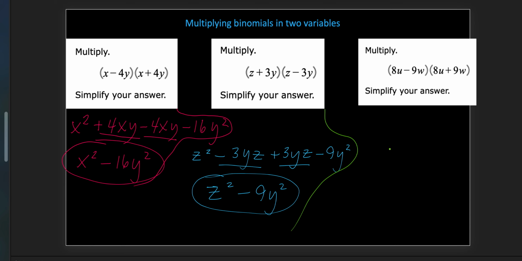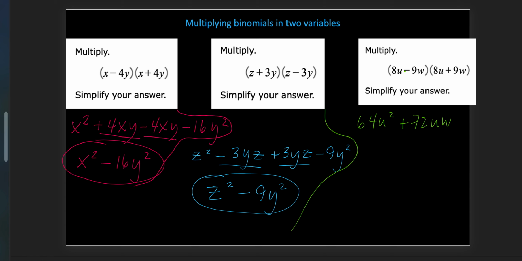For this problem, we do the same thing. So the first position, right here, 8u times 8u, that's 64u squared. And then O for outer, so 8u times 9w is 72uw.